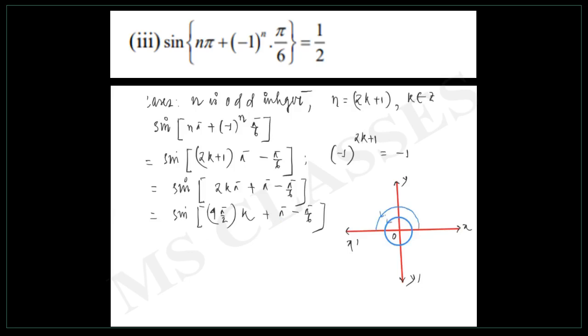Then minus pi by 6, because minus will be in the clockwise direction. Now this angle terminates in which quadrant? Terminates in the second quadrant. Second quadrant sine is positive. So ultimately this angle, whatever value it is giving, should give us a positive value.